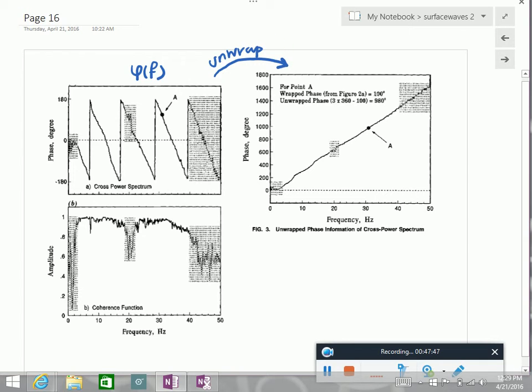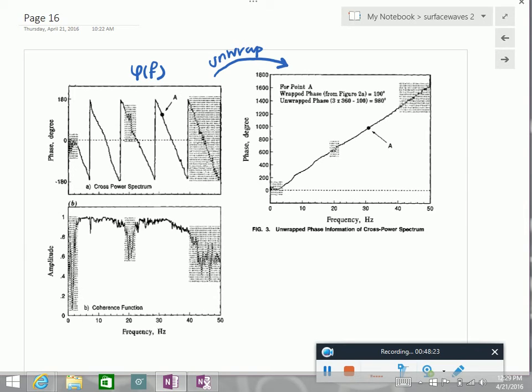I explained this during signal processing. If you have a few cycles before a point, you just open it up. Here, for example, point A is 100 degrees. When you unwrap it, it's actually 980 degrees because there are 3 cycles before it. This unwrapping has to be done, and you did it in homework number 1.